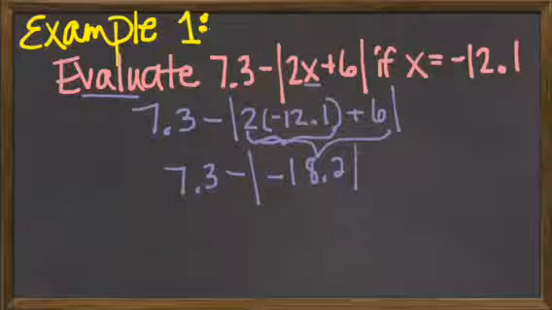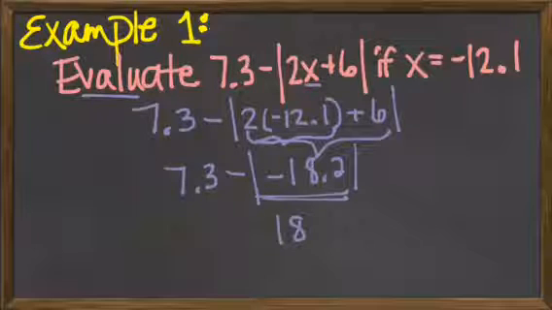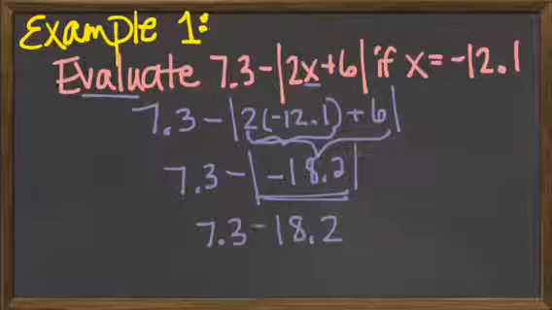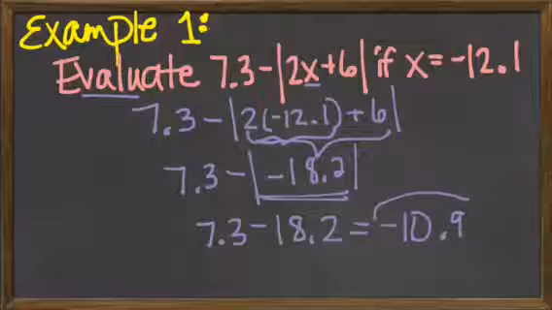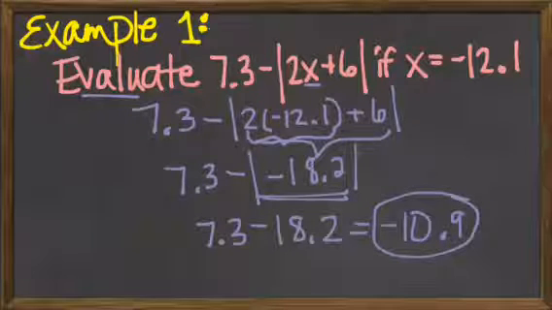Well, remember that absolute value is distance from 0. So -18 and 2/10, the absolute value of that is really +18 and 2/10. So we have 7 3/10 minus 18 and 2/10. And I'm going to get -10 and 9/10. So that's how you work with absolute value, plugging numbers in.